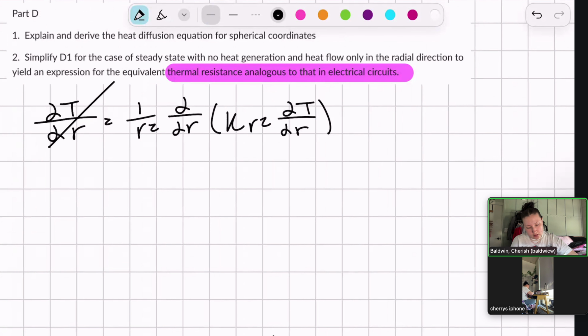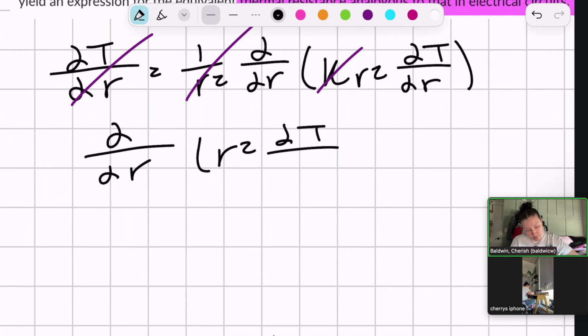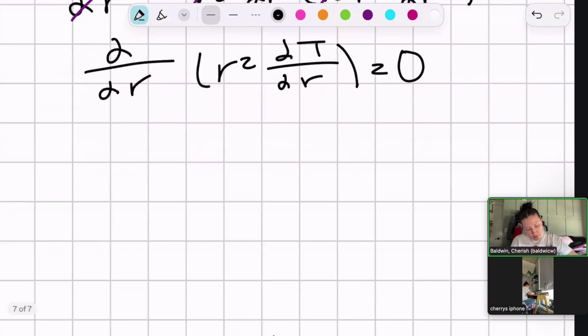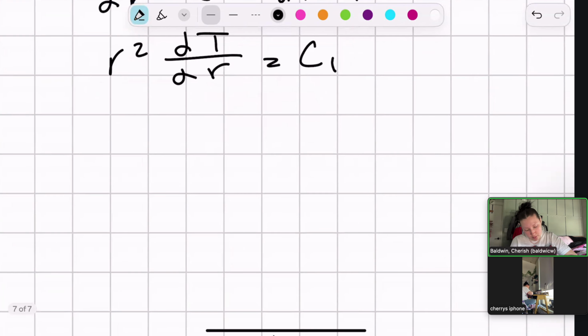So it's a steady state. So then this can cancel out and this can cancel out. So then that gives us is equal to 0. And then we'll find the first derivative. So R is equal to C1. And now this is separable, so we can write it as this.